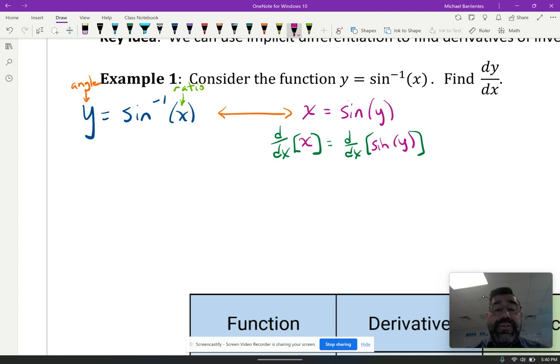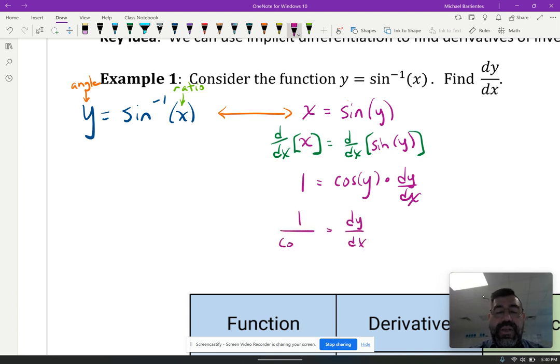Well, when we take the derivative of x, we get 1. And when we take the derivative of sine y, we get cosine y times the derivative of the inside, which would be dy/dx. And so now I know that dy/dx is 1 over the cosine of y.